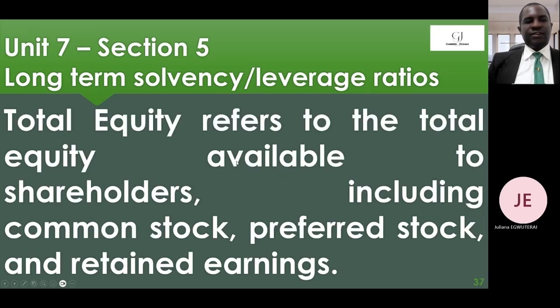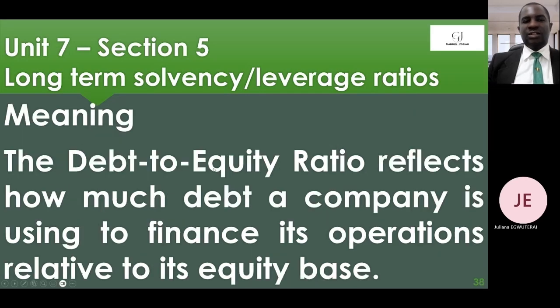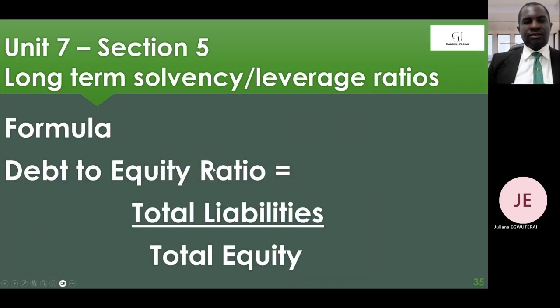And the total equity refers to the equity available to shareholders, which includes common stock, preferred, retained earnings, everything in the equity section is what this ratio is all about. So let's go back and calculate this. It's quite simple.